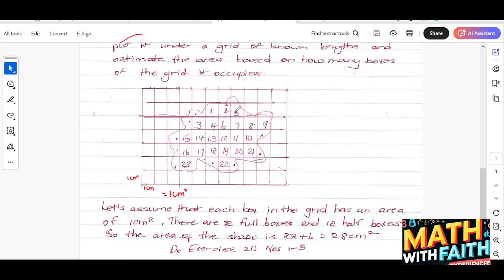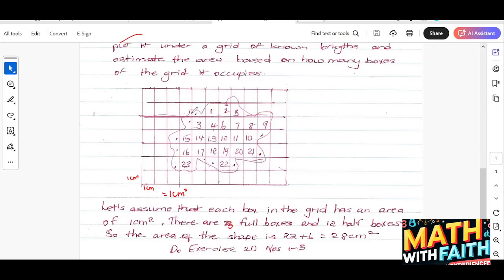Again, insignificant, so we could count it as a whole one. 6, 7, 8, 9, 10, 11, 12, 13, 14, 15, 16, 17, 18, 19, 20, 21. A whole one here, 22, and a whole one here, 23. Oh, so it should be 23 filled boxes, right? So there are 23 filled boxes and 12 half-filled boxes.